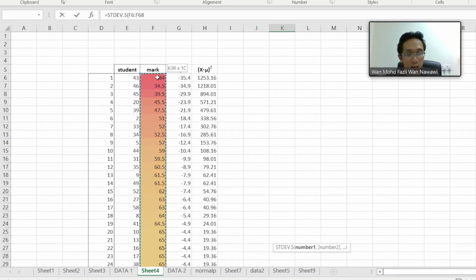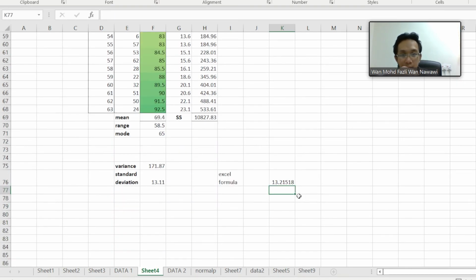You get 13.2, more or less the same, because I used only 2 decimals here, so there is some small difference.